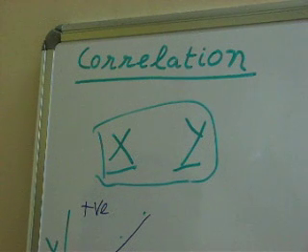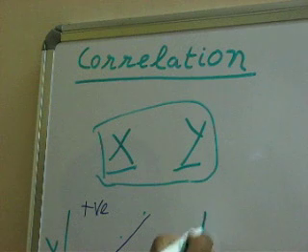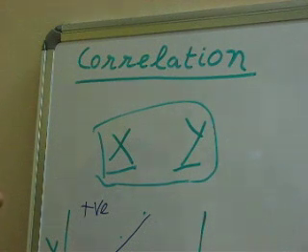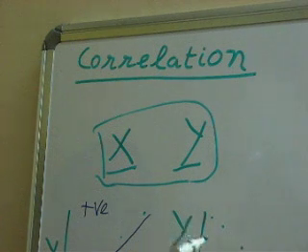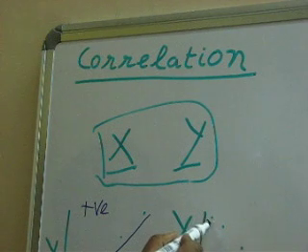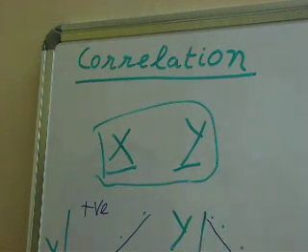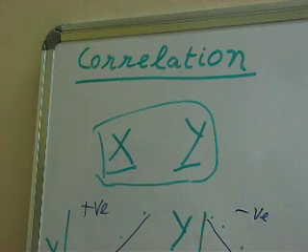Similarly, if you see something like this, with x and y, here you see that y is continuously decreasing as x is increasing, so it's a negative trend. So you say that there's a negative correlation between the two variables x and y.